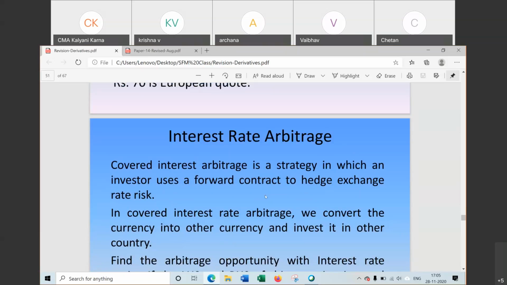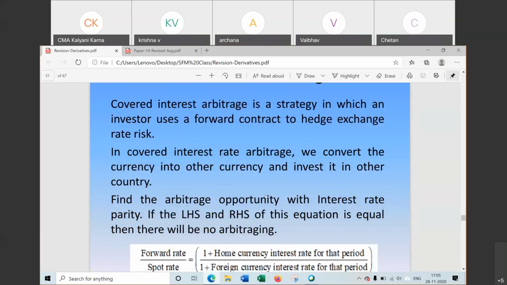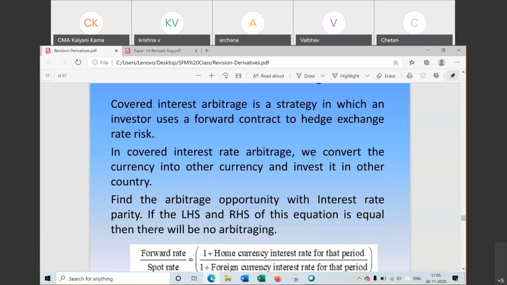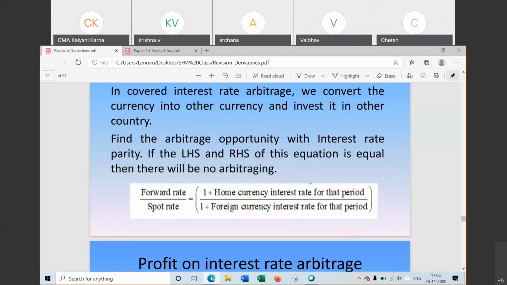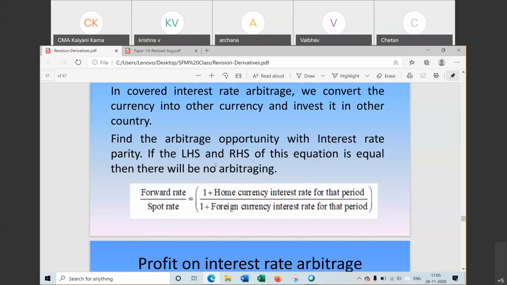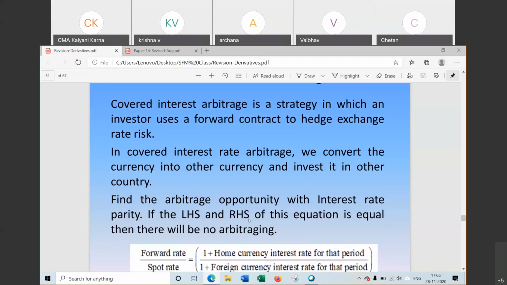In this chapter, one topic is interest rate arbitrage, covered interest rate arbitrage. In covered interest rate arbitrage, the investor uses a forward contract to hedge the exchange rate risk. That means we convert the currency into another currency and invest it in the other country. In the first step, we have to find the arbitrage opportunity.